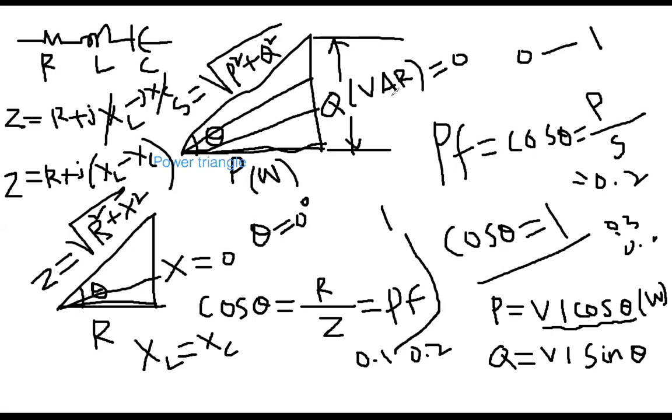And then you see this Q does not have any meaning in the system. Your P is useful power. P is your useful power because this is in watt. And the Q unit is VAR. It does not do anything for you. It will not help you. What it will do is just cause heating in the system. It will be just a loss.